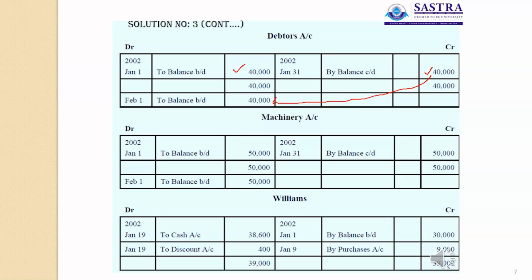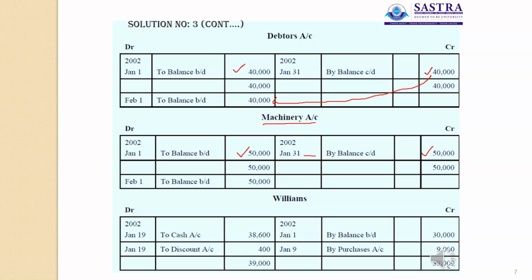Next one is the machinery account. We have to prepare the machinery account. The machinery account opening balance is 50,000. So 1st January 2002, to balance brought down 50,000. No machinery was purchased here during the month. So that amount was closed here, 50,000, January 31st, by balance carried down 50,000.